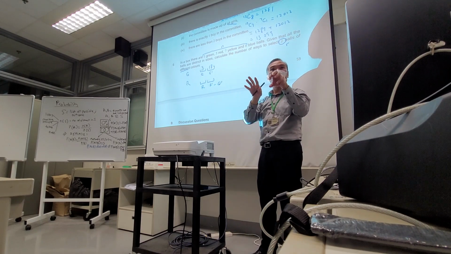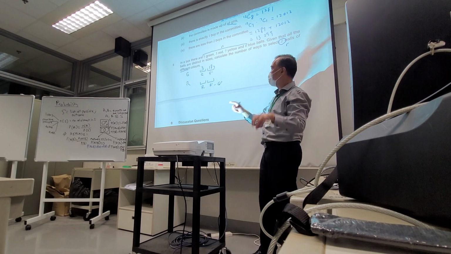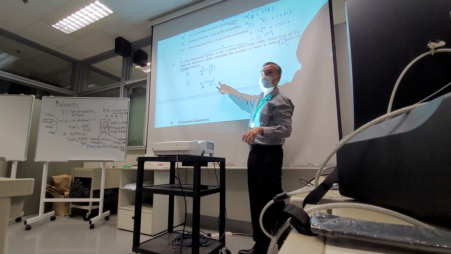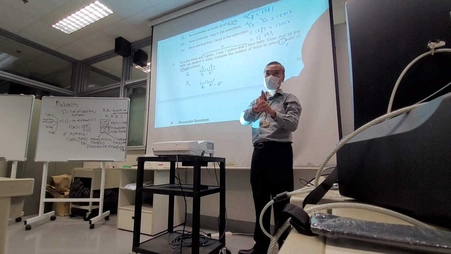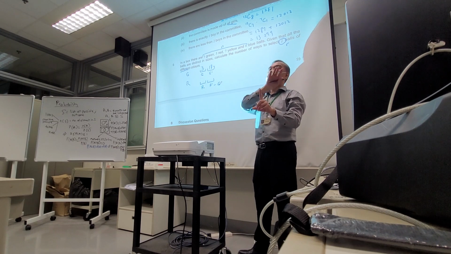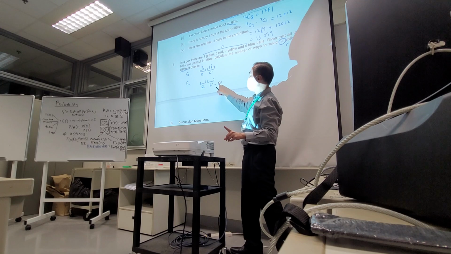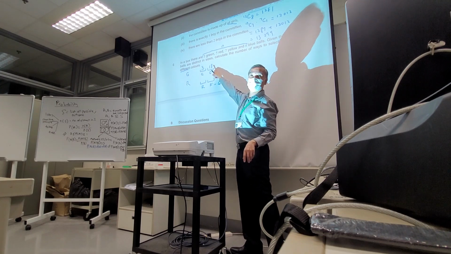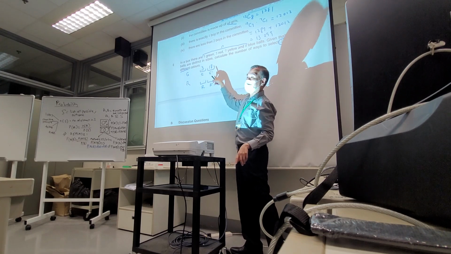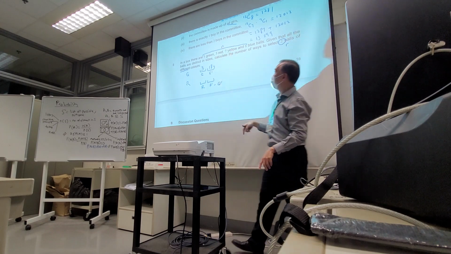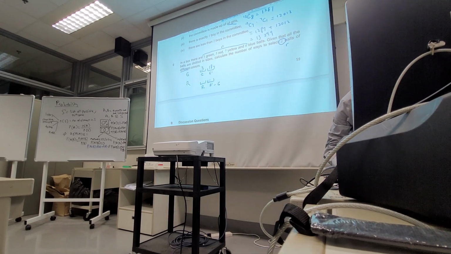Got it? So in this case, I cannot have the green ball here. I only can have the first one be red. The next one has to be any other color except green. Why not green? Because the green ball I already counted here. You got it? If not, then you double count. So how many red balls did I have? I had 5 red balls, right?